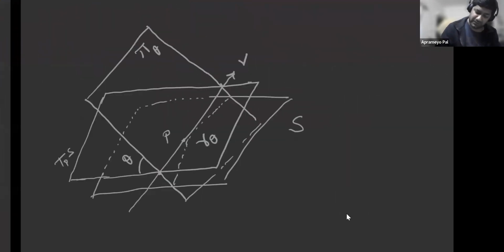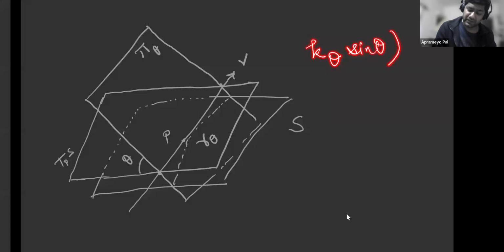So let's come back here again. Whatever angle you make here, as long as it's not parallel, this is gamma theta, and for gamma theta you have kappa theta. If you take the product kappa theta sine theta, whatever you vary theta, this is independent of theta. That's the content of the theorem.